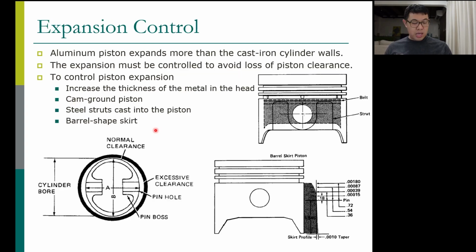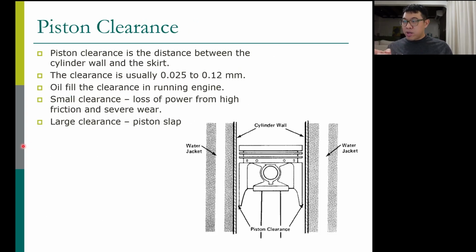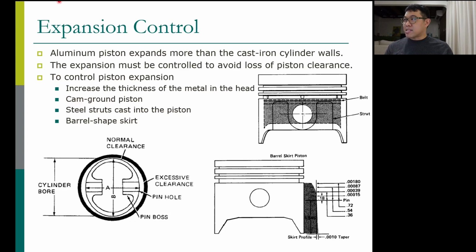Now, because we don't want the piston to get stuck inside the cylinder, we have to have some expansion control. We need that because aluminum pistons expand more than the cast iron cylinder wall. We use cast iron for the cylinder wall, but aluminum for the piston.